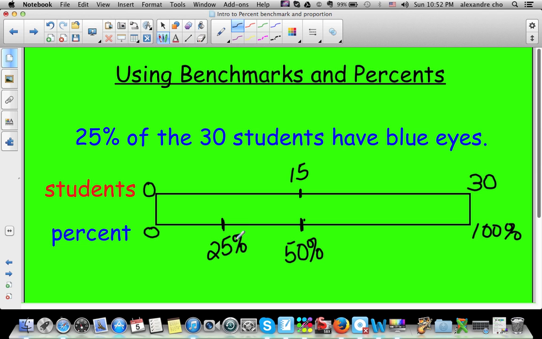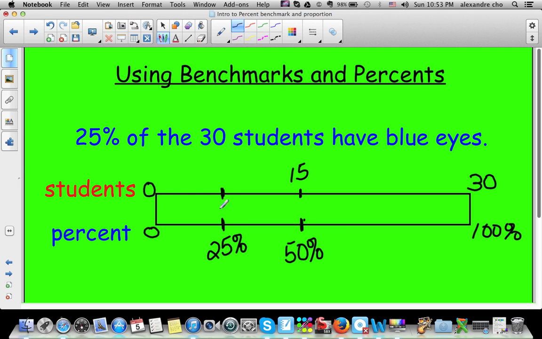I couldn't have done that right from the beginning. So I started with 50%, which was half, and then from there I took half of 50%, which is 25. So that's the location of 25%.